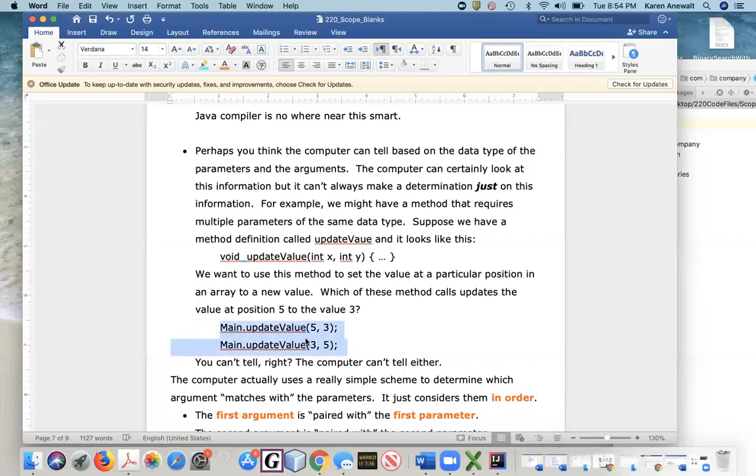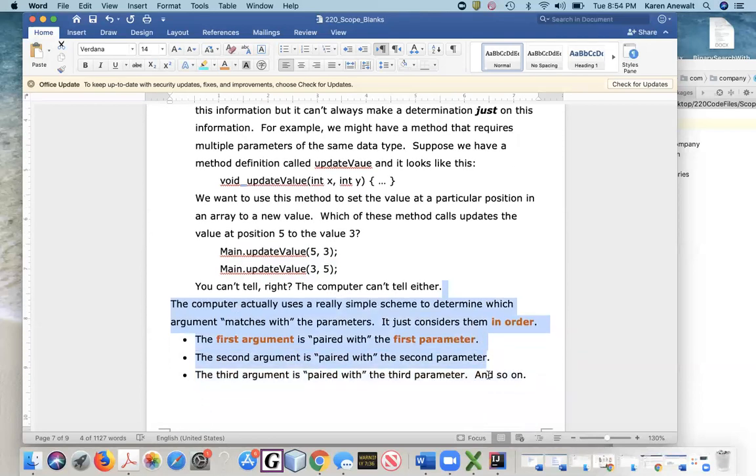There's no way for the computer to guess that the first thing means the index and the second thing means the value, or that the first thing means the value and the second thing means the index. So the computer doesn't try to match things up based on value or any type of context about the name of the argument versus the name of the parameter. It doesn't consider that at all.